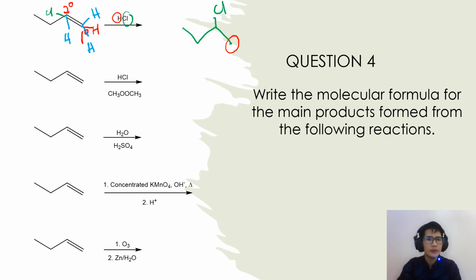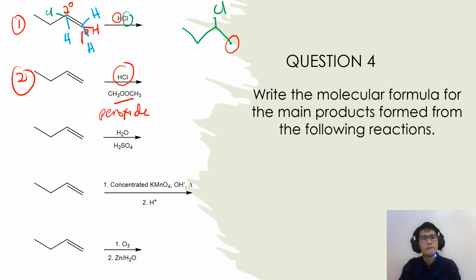Direction number 2. For direction number 2, it's the same reagent, which is HCl, but this time we put the peroxide. So the peroxide will cause the reaction to follow the anti-Markovnikov rule.